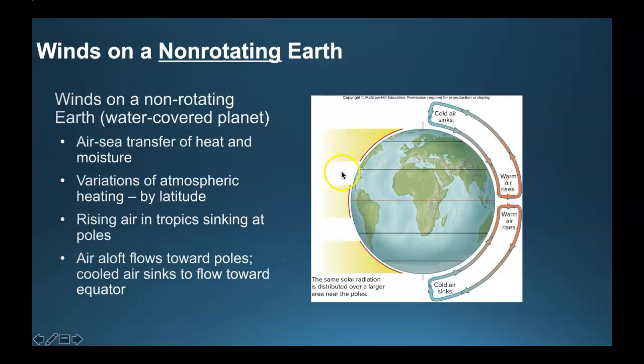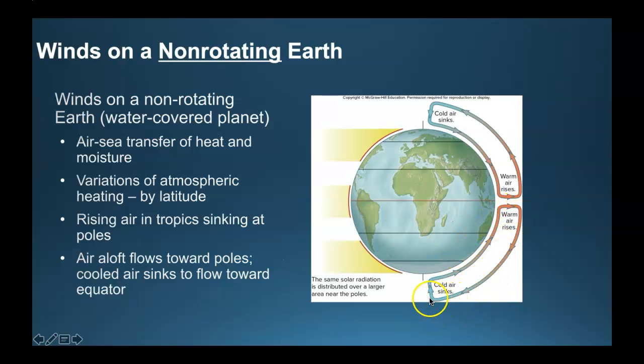So we're going to have hot air around the equator and cooler air at the poles. So that warm air is going to rise at the equator and then sink at the poles and then travel along the earth, heat up, rise and sink. This is a convection cell.